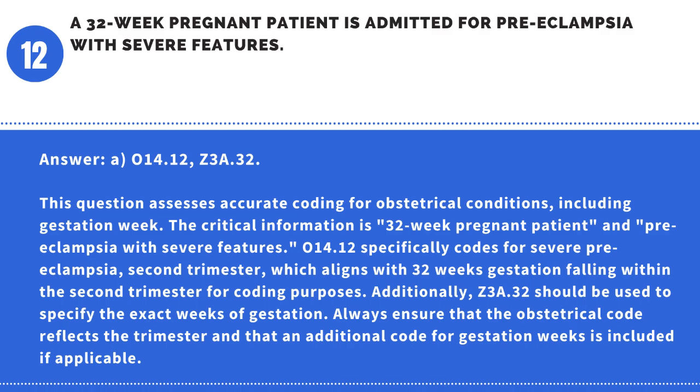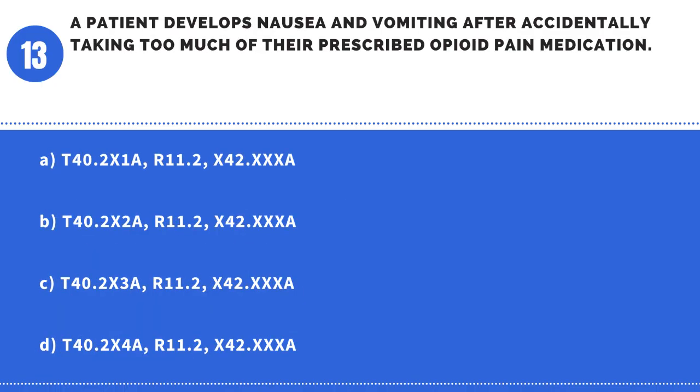Additionally, Z3A.32 should be used to specify the exact weeks of gestation. Always ensure that the obstetrical code reflects the trimester and that an additional code for gestation weeks is included if applicable.